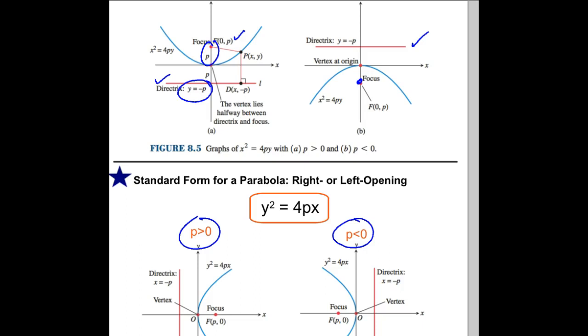If our focus has been moved down from the vertex, all right, we had to go in a negative direction, then this p-value here is negative, and the directrix is going to be actually a positive value. It's the opposite of p. Students often look at that label and say, well, that doesn't make sense. Why does y equal negative p up here when it's in a positive part of my graph?